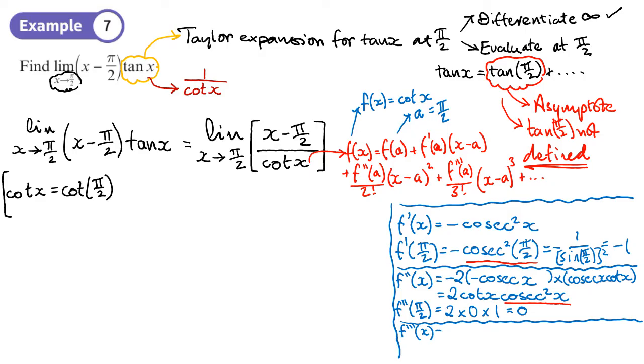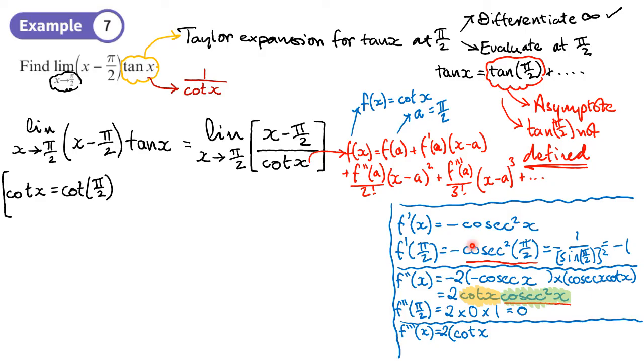And we're going to do one more, the third derivative. Here we'll use the product rule, where we have 2 cot x as one part of the product, and the other part of the product is cosec squared x. So with u and v, we will have 2 cot x, we'll call that u, times by v dash, which is cosec squared differentiated.